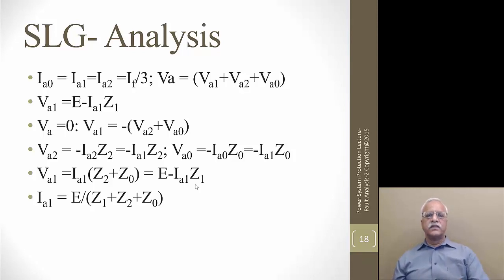So if you solve this, the generated voltage divided by Z1 plus Z2 plus Z0 gives me the positive sequence current. So I measured the voltages and currents at the fault point, and using this mathematical analysis, I calculated the zero sequence current at that particular point, which is also equal to 1/3 of the fault current at that particular point.